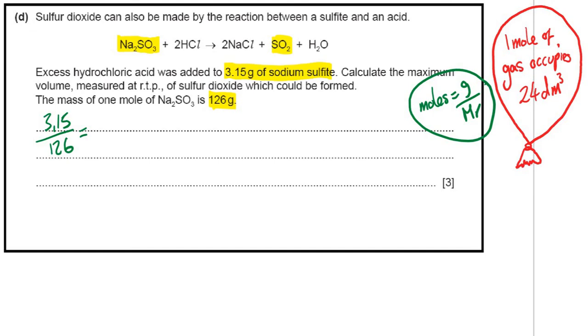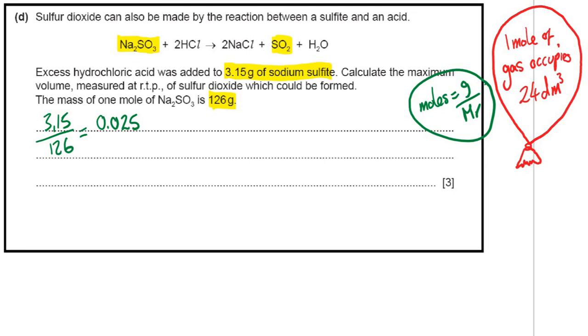If they've given you grams and they've given you MR, or you've got a periodic table, you can work out MR, you can get at least 1 mark out of 3. So always have a go, always calculate moles, because it's very simple. It's just moles equals grams over MR. And then that might be all you can do, but at least you've got 1 mark.